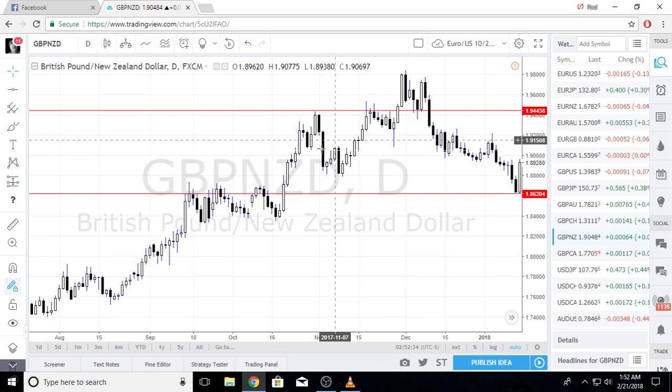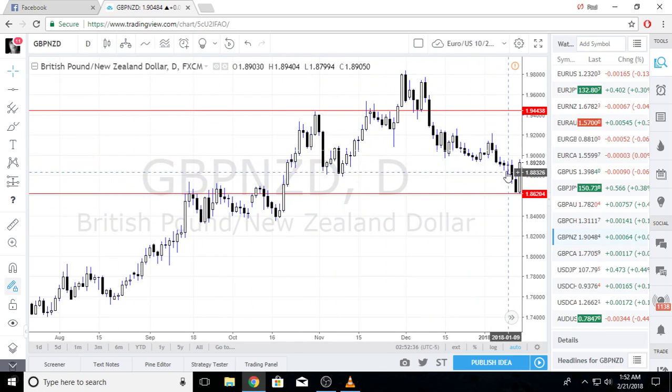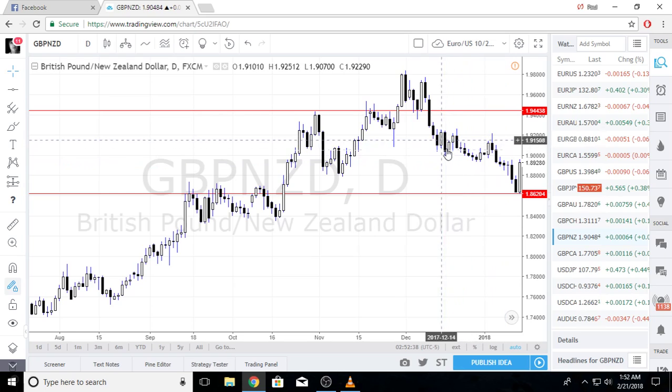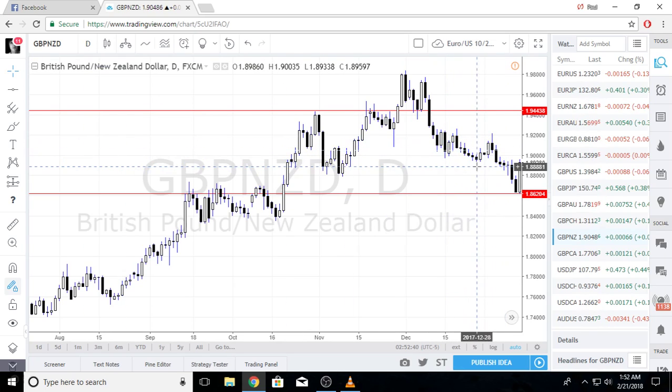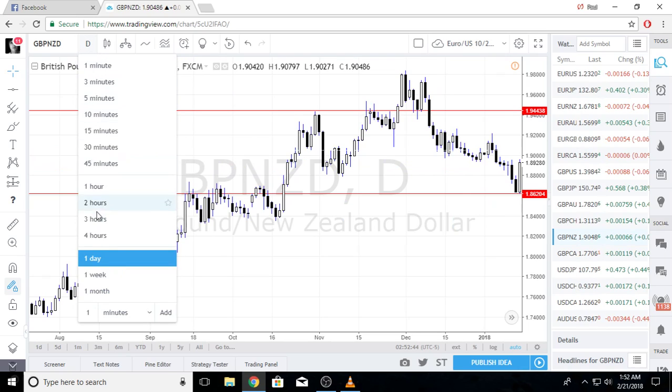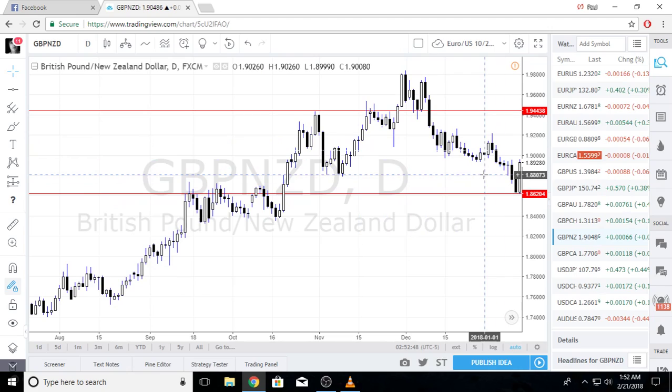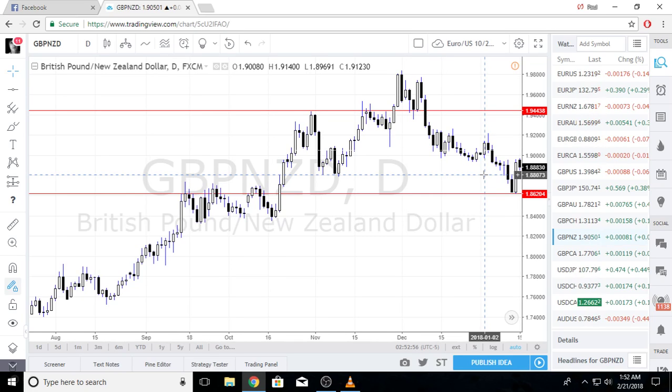Each one of these bars, according to my settings right now, represents one day. You can change this, but since I'm more of a day trader, I would keep this on the daily and maybe look at the 4-hour market and so on. But anyway, I digress. The idea is that we think the market might go back up because of that bullish engulfing candle.